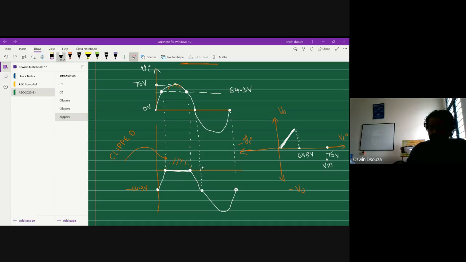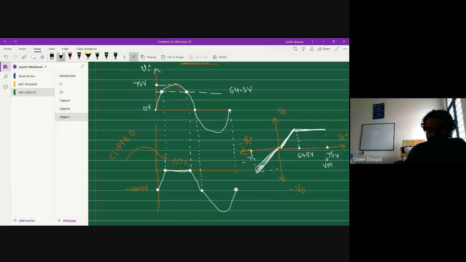Okay, and in the negative half cycle, this is 75 volts. Something of this kind you will get.